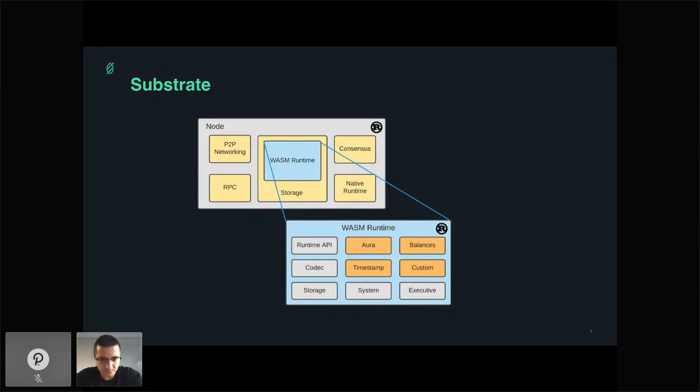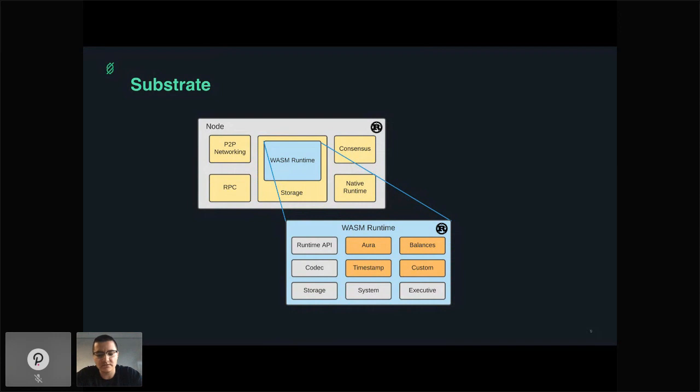For example, the Substrate node exposes a WASM execution environment in which the runtime is executing, and we have the runtime APIs and others, in order for the node and the runtime to communicate. And when we are using a Substrate runtime, basically runtimes developed by the Substrate framework, the framework handles those things for us.